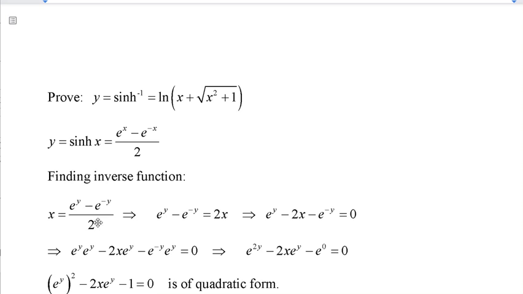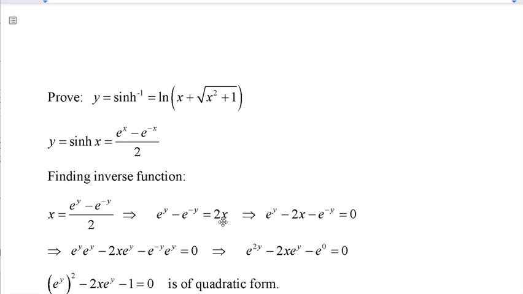And so from here, multiply both sides by 2, multiply the left side by 2, multiply the right side by 2. Then we get 2x. And then for this part, we get e to the y minus e to the negative y.